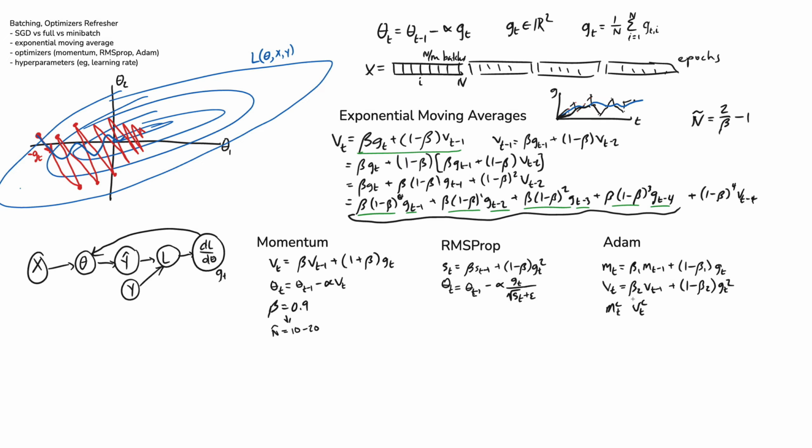All right, and then our update is going to be the learning rate, times the corrected version of this, plus epsilon, a very small number, multiplied by the corrected momentum term.